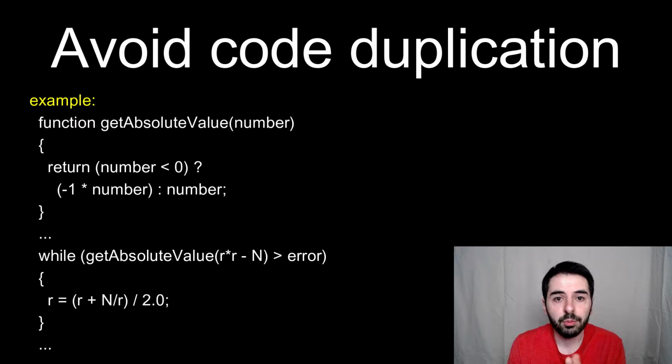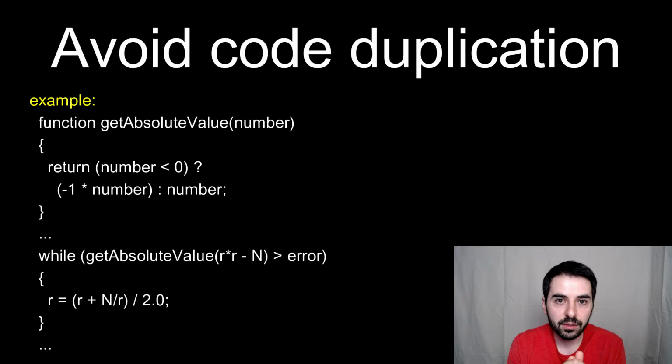benefit. So remember when we wrote the program for calculating the square root using Newton's method, we had this absolute value. We needed to check if the calculated result is within the error that we are looking for.